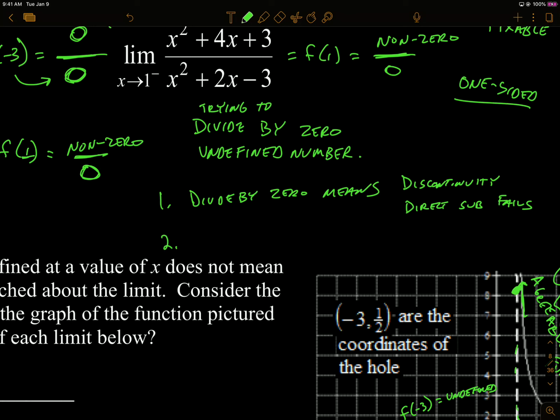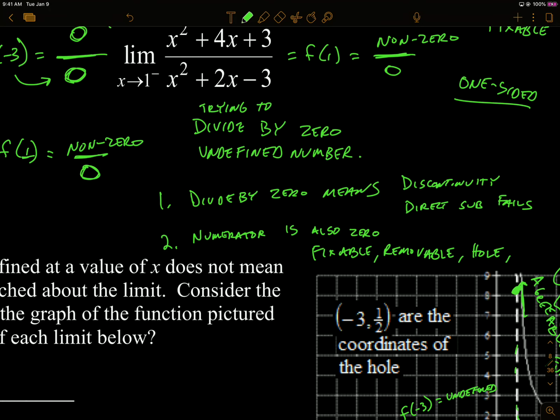The second thing is, let's look at the numerator. If the numerator is also 0, we'll say that it's a fixable or removable discontinuity, which is really just a hole.